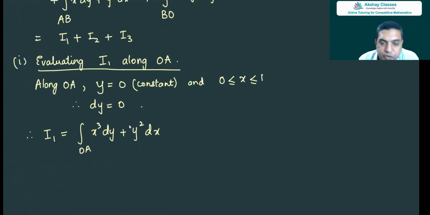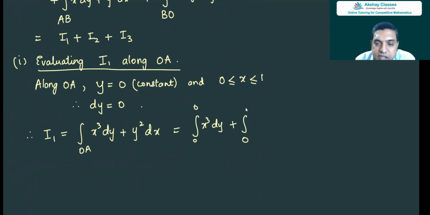So now what we get is integral x cube dy, plus integral from 0 to 1 of y square dx. The first one will be 0, since y varies from 0 to 0. x cube may exist, but dy is 0.